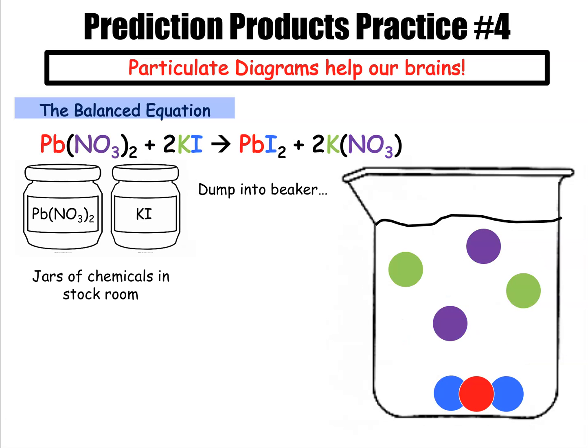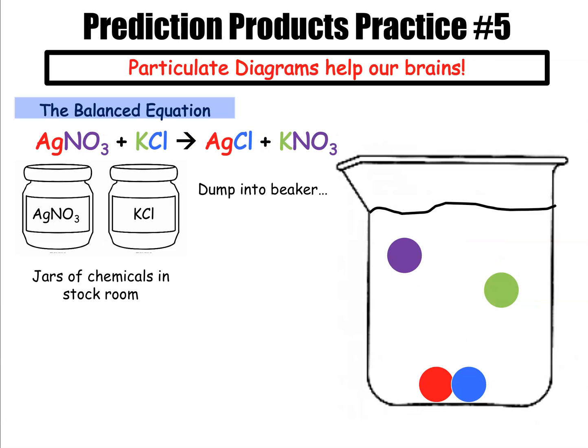Let's take lead nitrate and potassium iodide. Well, we have, again, the diagram shows us products. So our PbI2 is at the bottom. It's a solid. And then we have 2 potassium and 2 nitrate, the 2 green and the 2 purple. Questions on how this diagram represents what's going on?